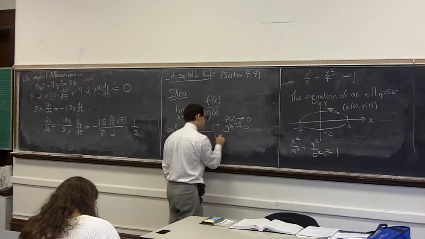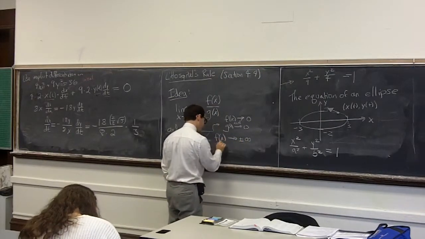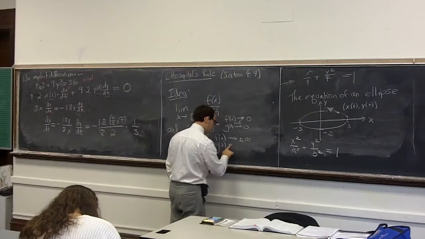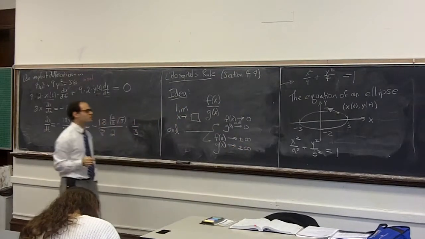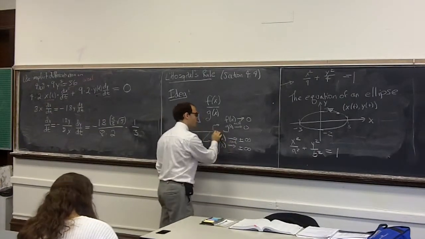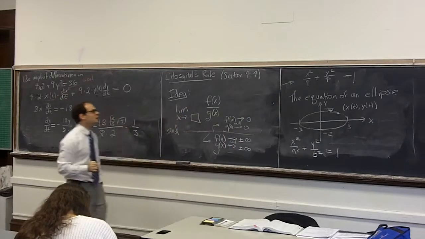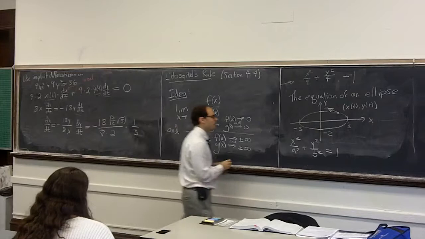Or f of x goes to plus or minus infinity and g of x goes to plus or minus infinity. If you're in one of those two situations, then L'Hopital's rule says what you should do.